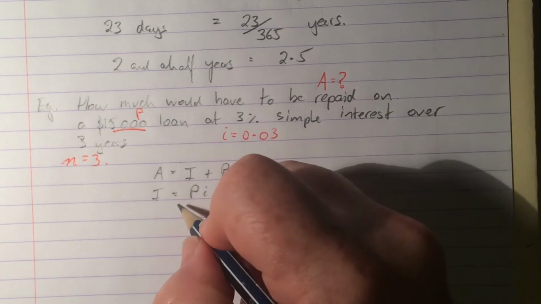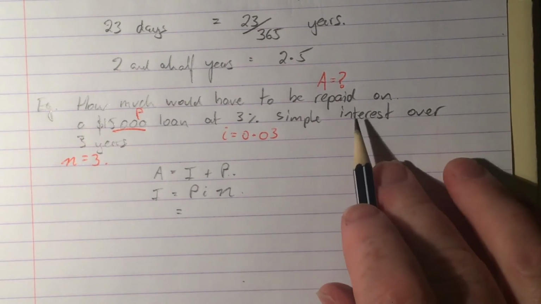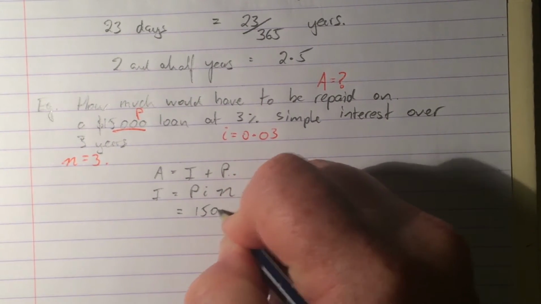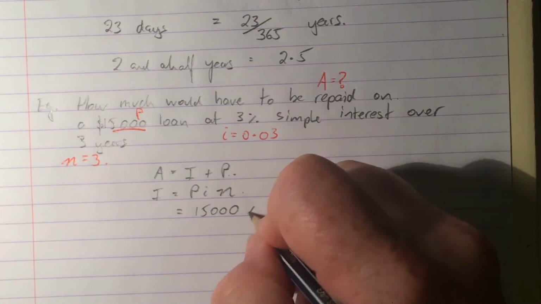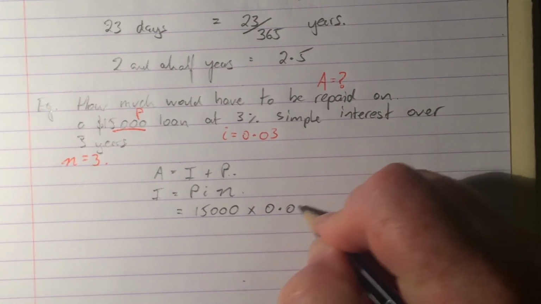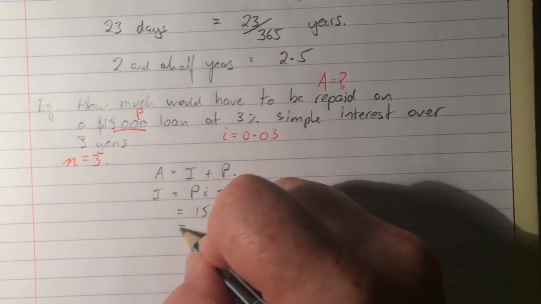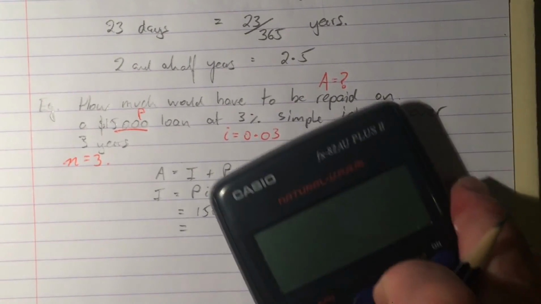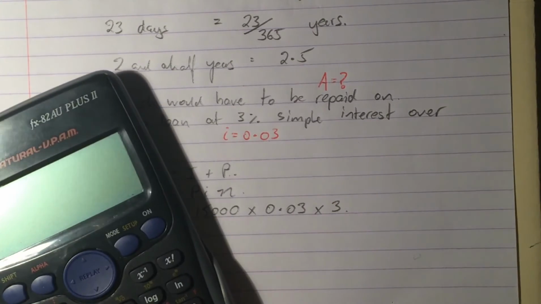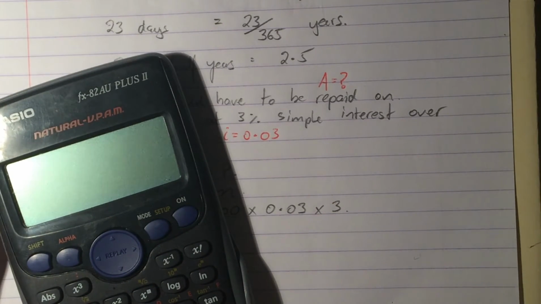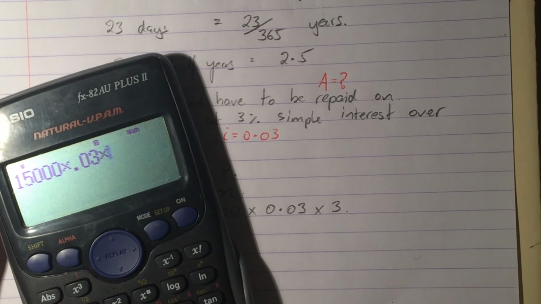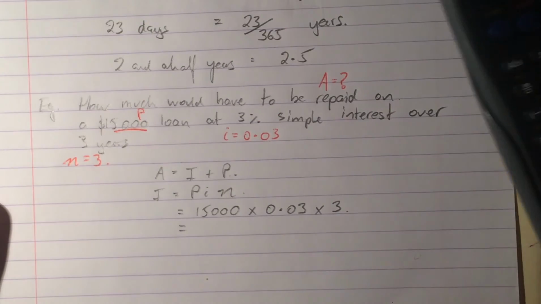So we're going to substitute into our simple interest formula the values that we've been given. 15,000 times 0.03 times 3 years. And we'll just use our calculator. $15,000 times 0.03 times 3 years. And we get $1,350.